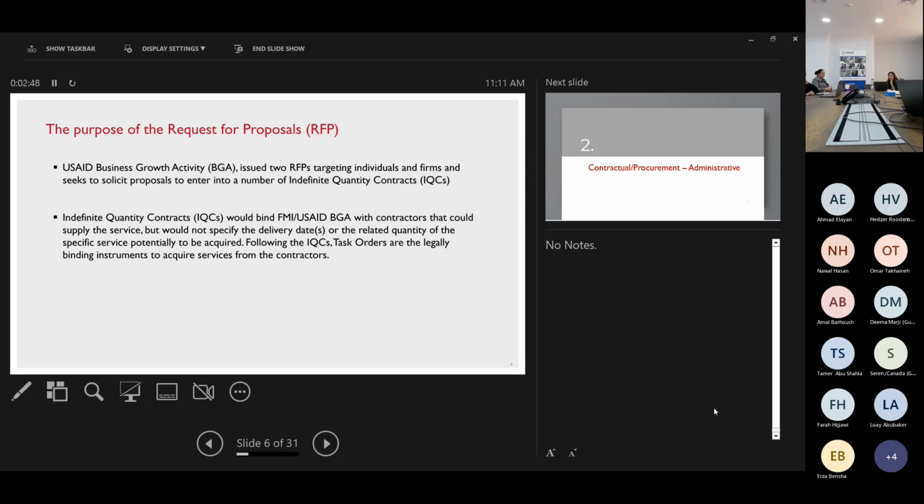The indefinite quantity contracts, IQCs, will bind FMI, USAID Business Growth Activity, with contractors that could supply the service but would not specify the delivery dates or the related quantity of specific services acquired. Following the RFP, the task orders are the legally binding instruments to acquire services from the subcontractors.